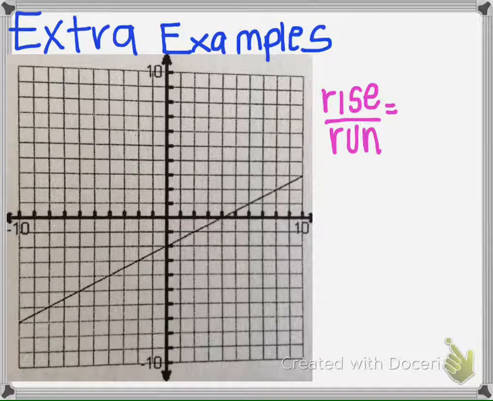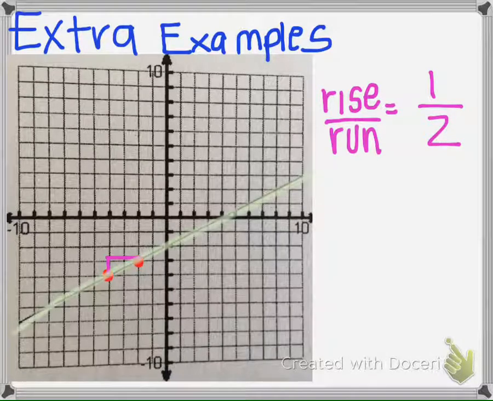Again, pause the video, try it on your own, and then push play. I'm going to pick this point and this point, and I would rise 1 and run 2. And then from the left to the right, we're going up, so the slope is +1/2.